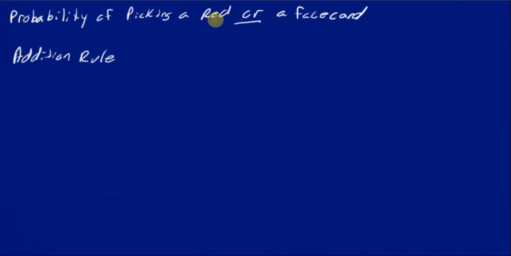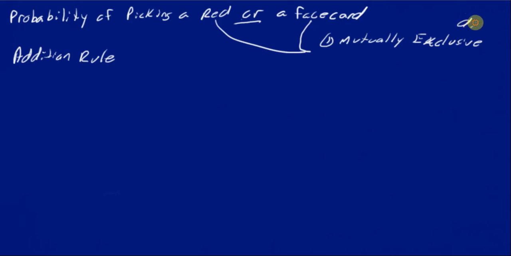And the first thing we need to decide, these 2 events, being a red card or a face card, you have one of 2 options. They will either be what's called mutually exclusive, which is also sometimes referred to as disjoint.